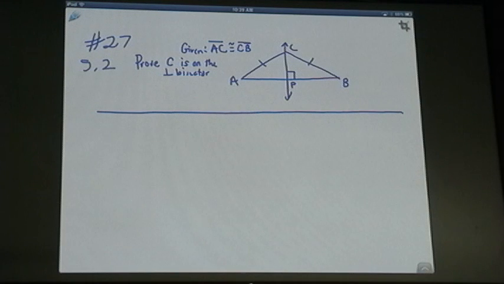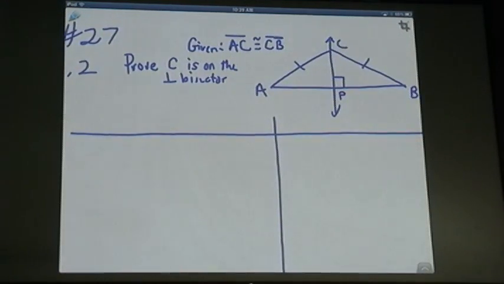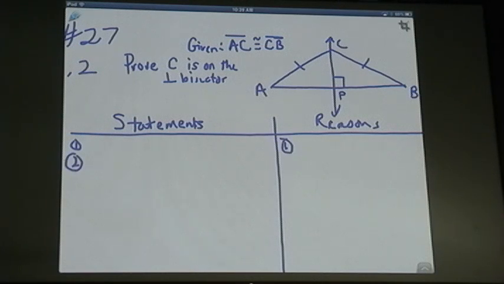Okay, so your statements and your reasons. You're going to start with the given, of course. I'm going to let you write that down. You know it, so I'm not going to write it because that's giving you too much information.